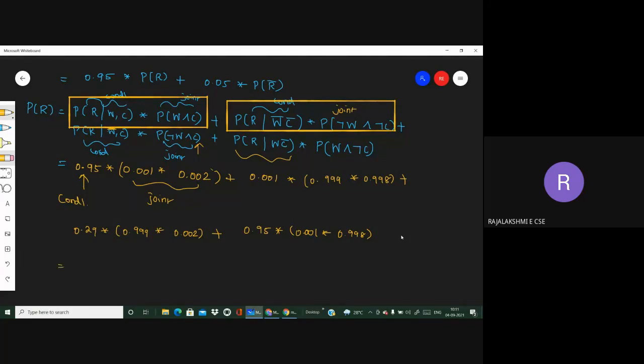Now you multiply all these things together and give me what is the output, the probability of getting rain.